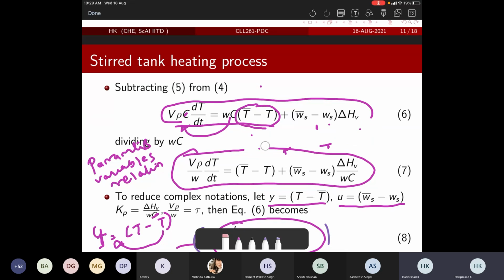So let's count how many variables we have. First of all, how many parameters do we have?